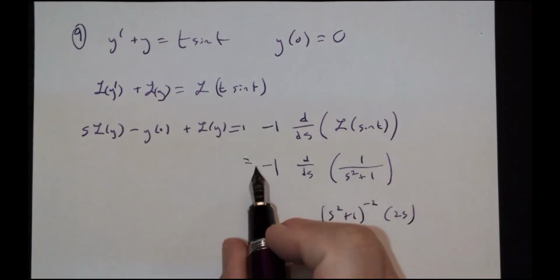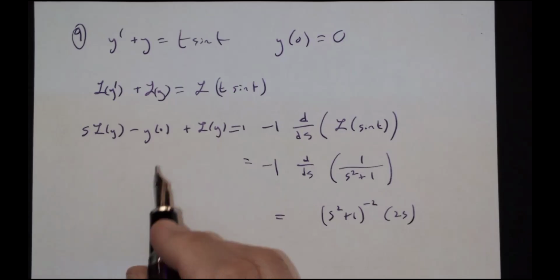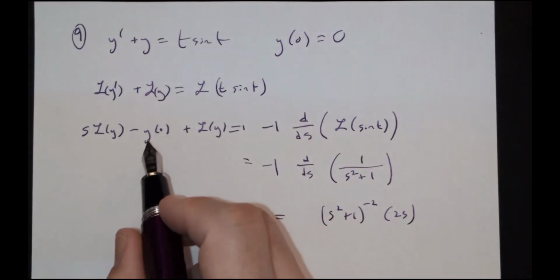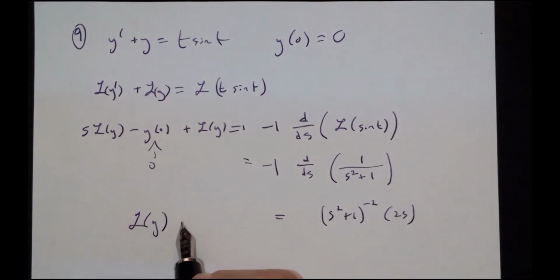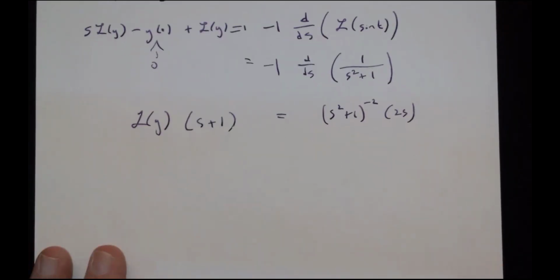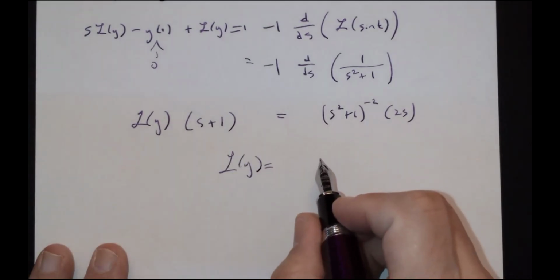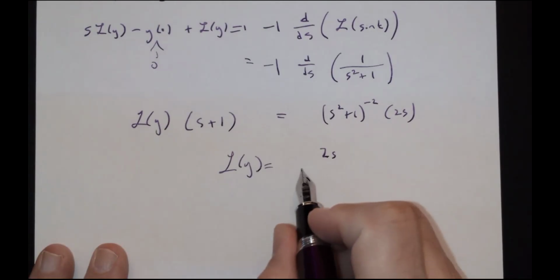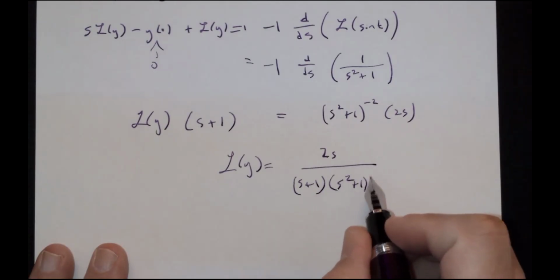And there would have been a -1, but it cancels with that -1. And then over here, y of 0 is 0, so that piece is gone. And I have L of y times s plus 1. Which gives me the Laplace transform of y is 2s over s plus 1 times the quantity s squared plus 1 squared.